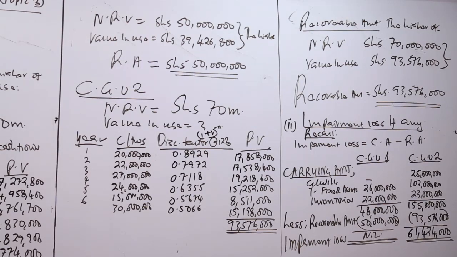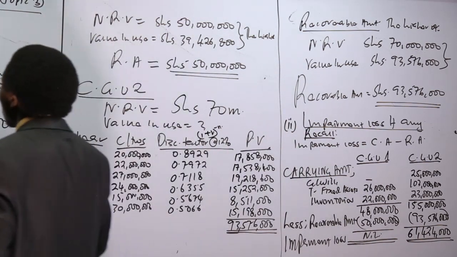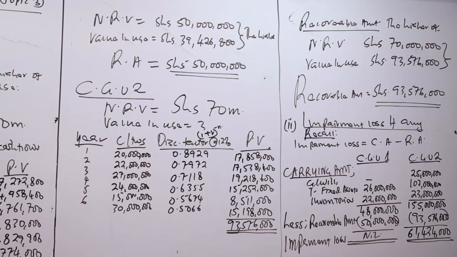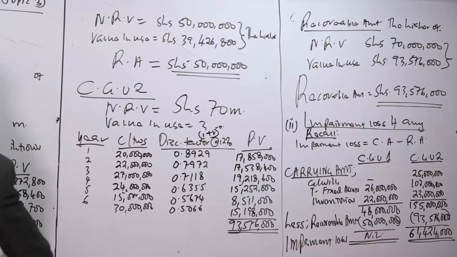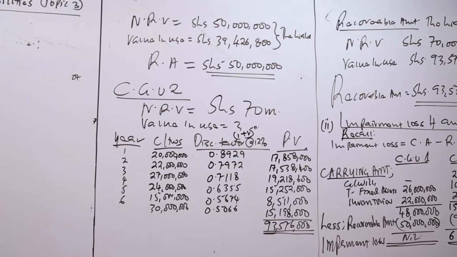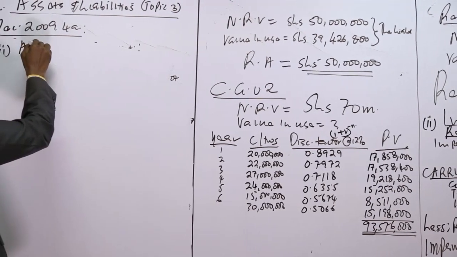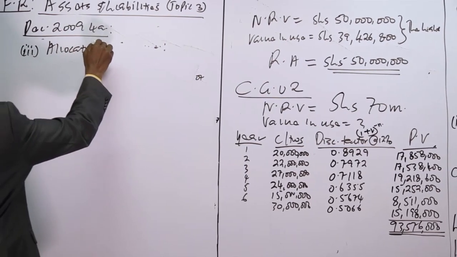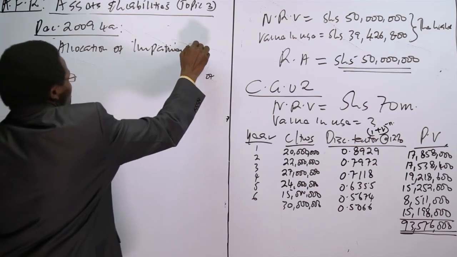So Roman 3 is to allocate. We need to allocate that 61,424,000 within the cash generating unit number 2. So we come and say allocation of impairment loss.